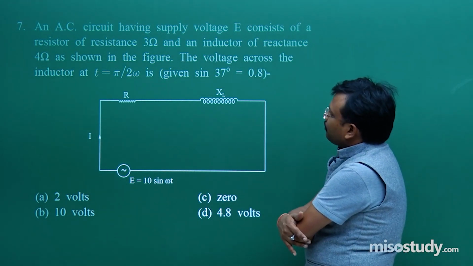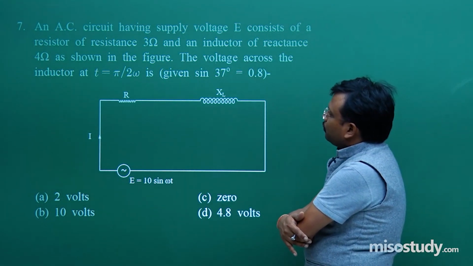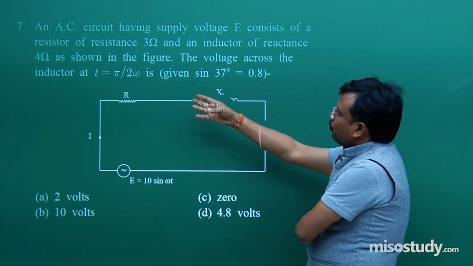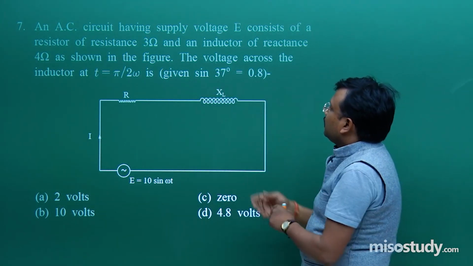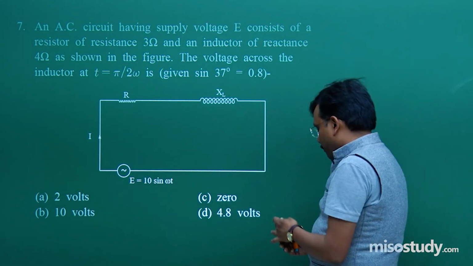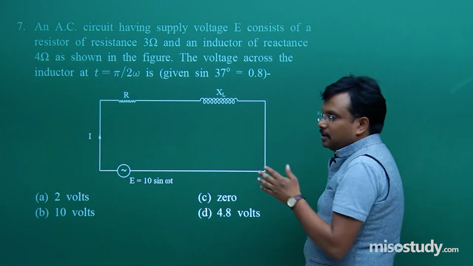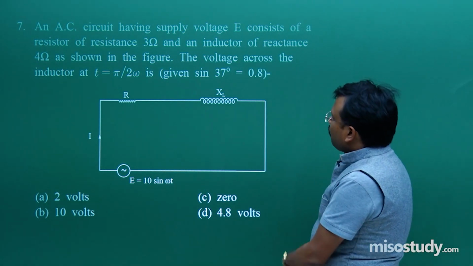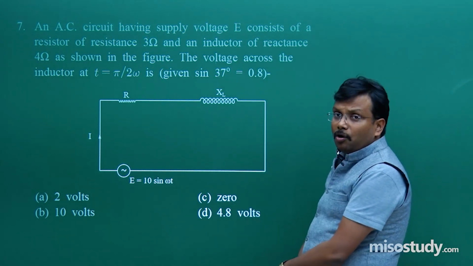The voltage across the inductor at t equal to pi upon 2 omega is how much? The sin 37 value is given. If you are unable to recall that, in these types of exams these values are in general provided. So, I hope the problem is clear to all of you.